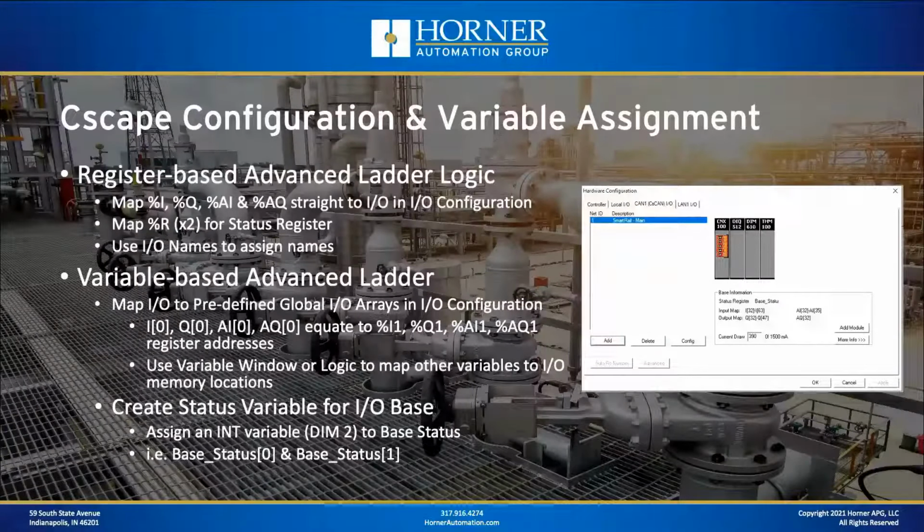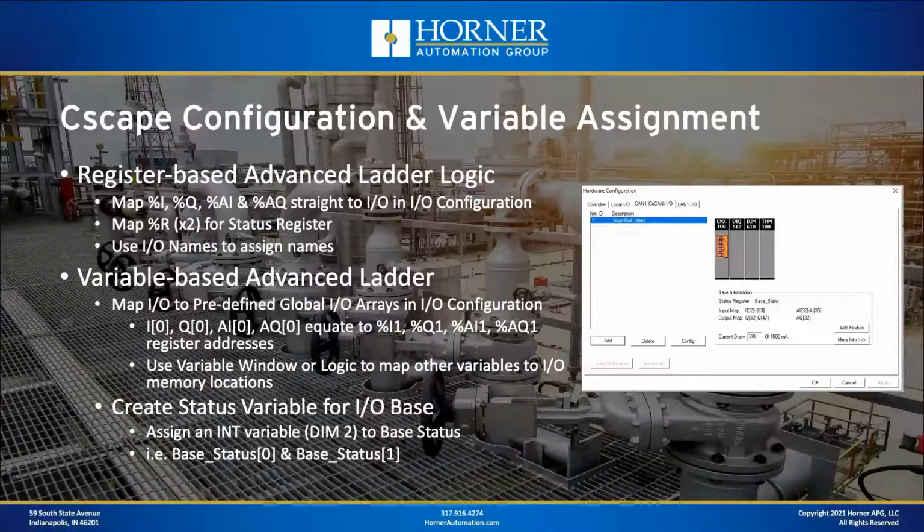And there's a corresponding Q, AI, and AQ array as well. And remember, arrays are zero-based. So that's why I sub 0 would correlate to %I 1. And I sub 2047 correlates to %I 2048. It's the difference between arrays being zero-based and memory locations being one-based.